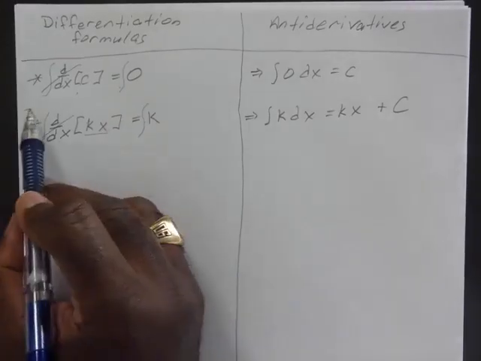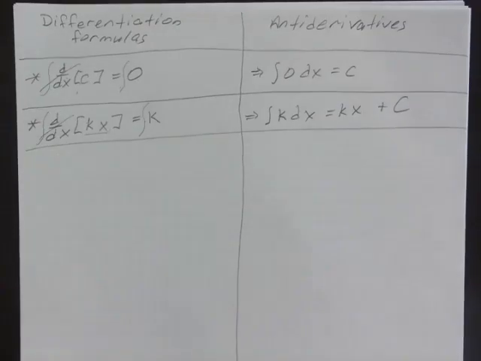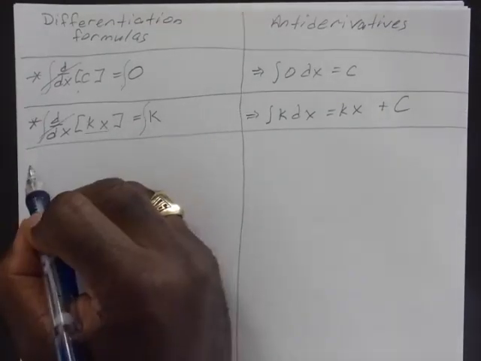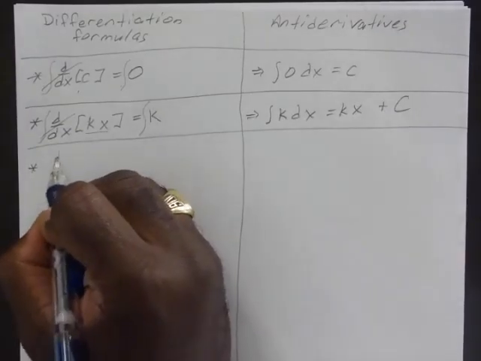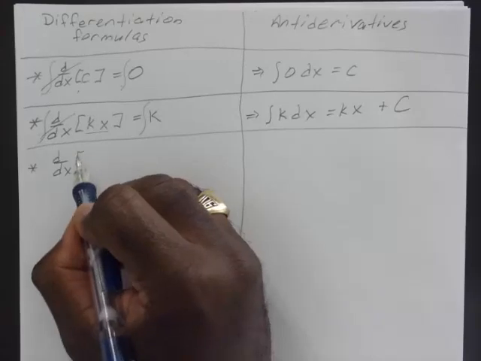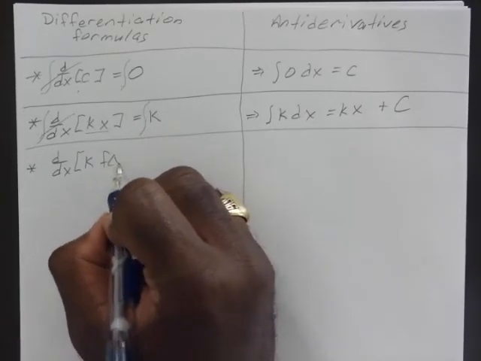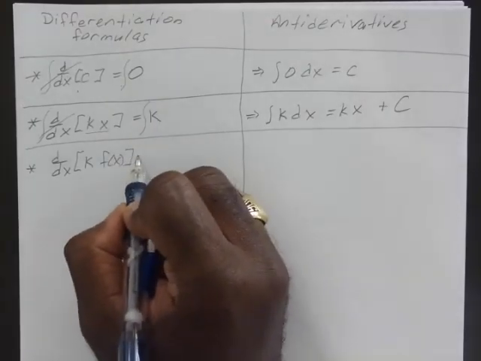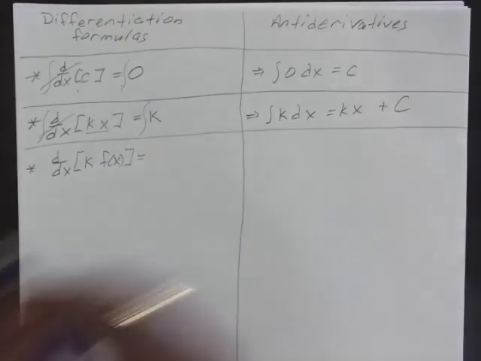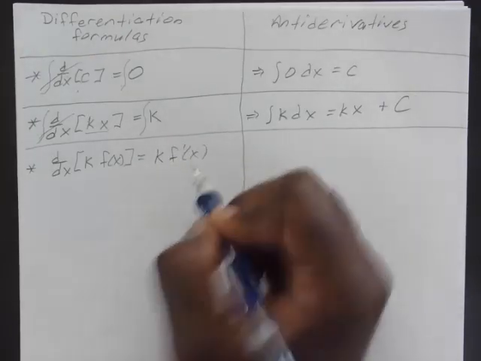And we kind of separate these a little bit. Okay, and if you remember, the derivative of some constant k times some function f of x is just that constant k times f prime of x.